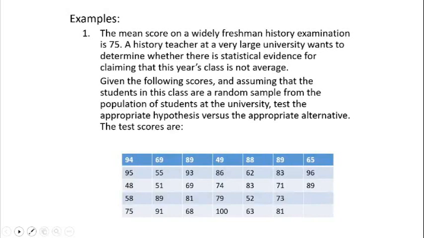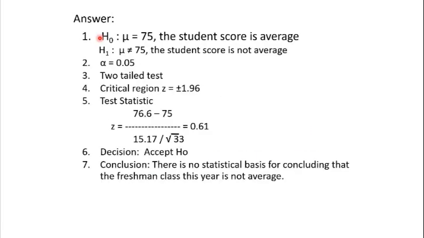And ayun na nga. So, we have na for the null hypothesis or the H sub 0, yung mean natin is equivalent sa 75 or the student score is average, which is yung average natin is yung mean natin na 75. And sabi natin, yung sa alternative is hindi siya same sa null hypothesis natin.